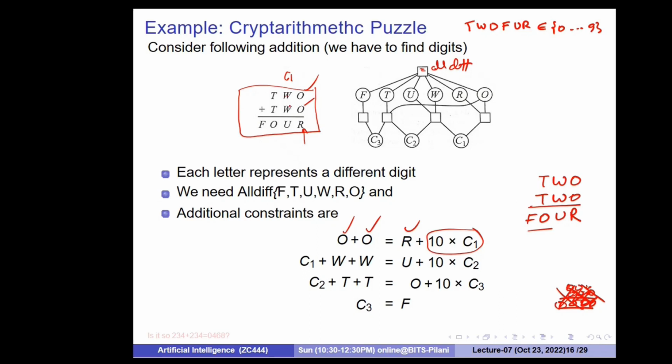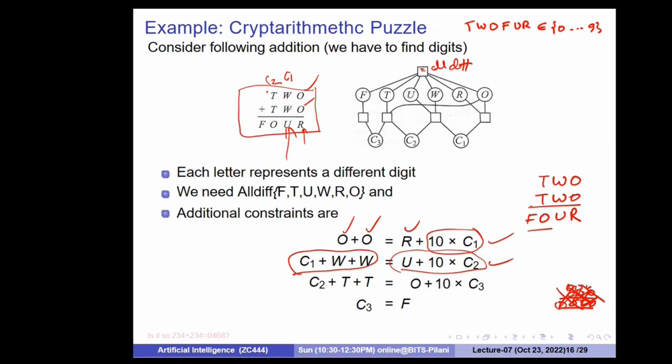Similarly, W plus W plus C1 is equal to U plus maybe another carry, 10 multiplied by C2. Everybody, do you understand? Can you let me know that it is fine? These are the constants.